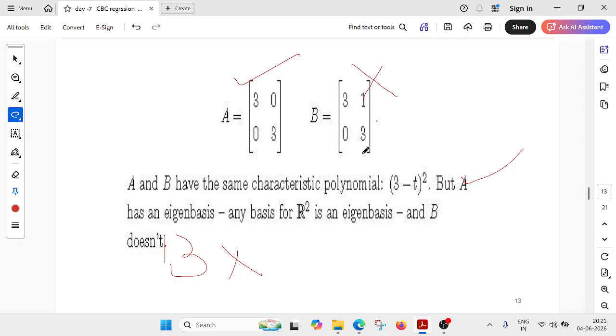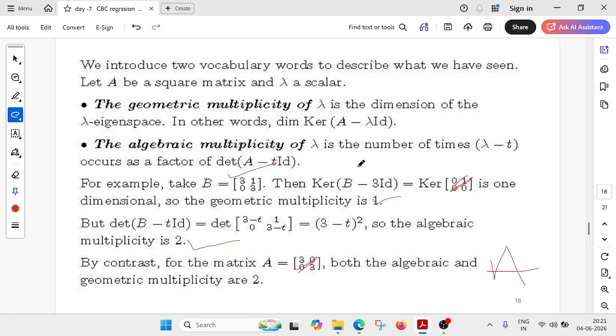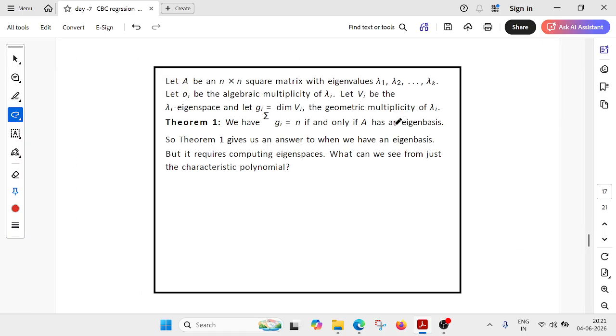Again, I'm repeating: the algebraic multiplicity is how many times lambda is repeated, and the geometric multiplicity is n minus the rank, in other words the dimension of the kernel of A minus lambda I. That's the thing here.